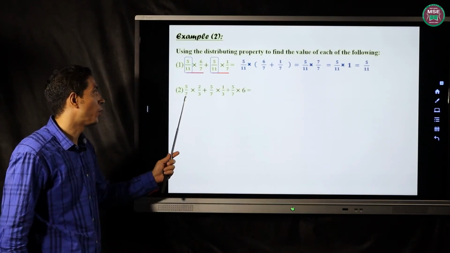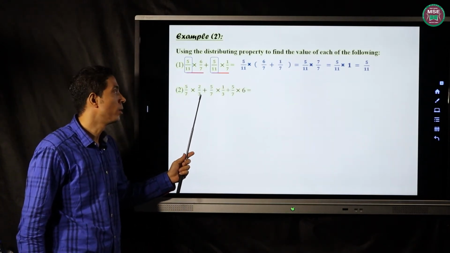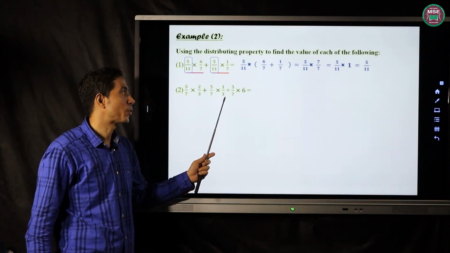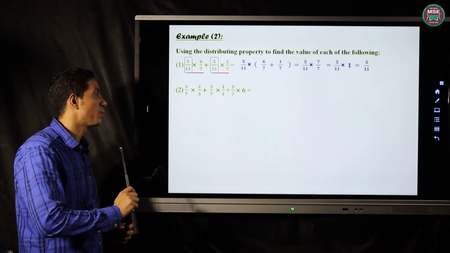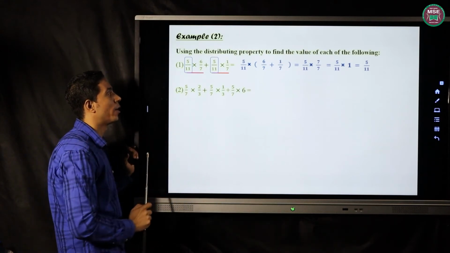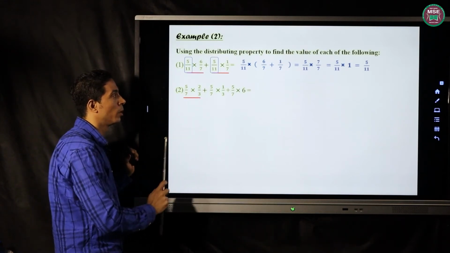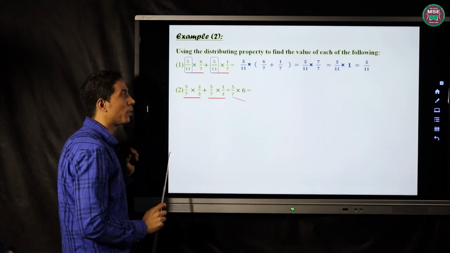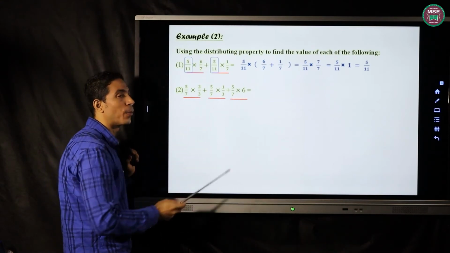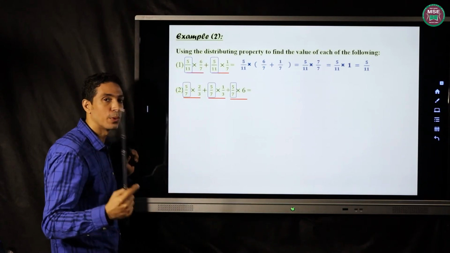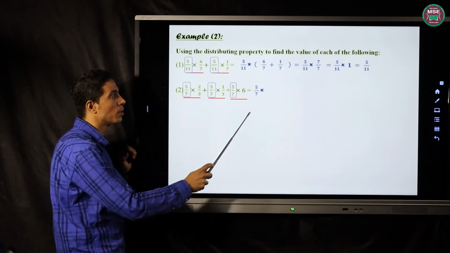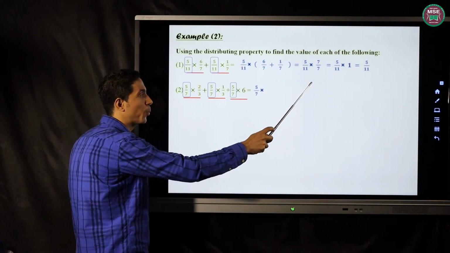Number 2: 5/7 times 2/3 plus 5/7 times 1/3 plus 5/7 times 6. We draw lines between the terms that have a multiplication sign. Then we find the repeated fraction, which is 5/7, and write the repeated fraction only one time, then multiply and open a bracket.